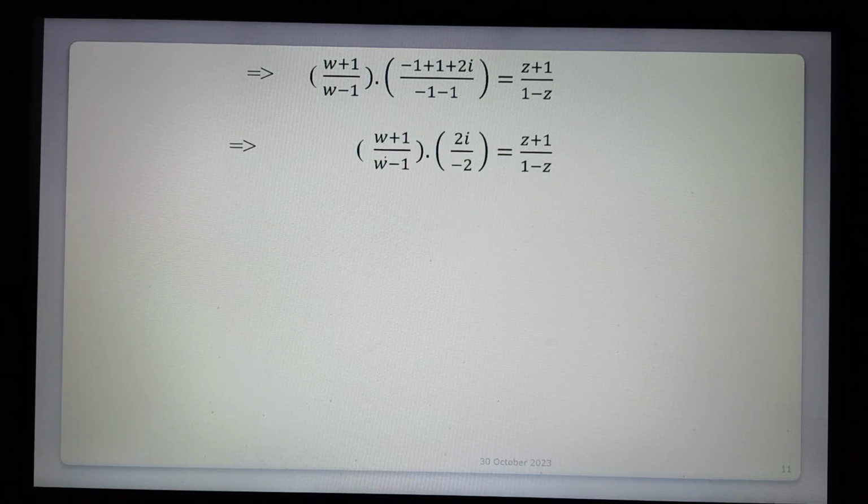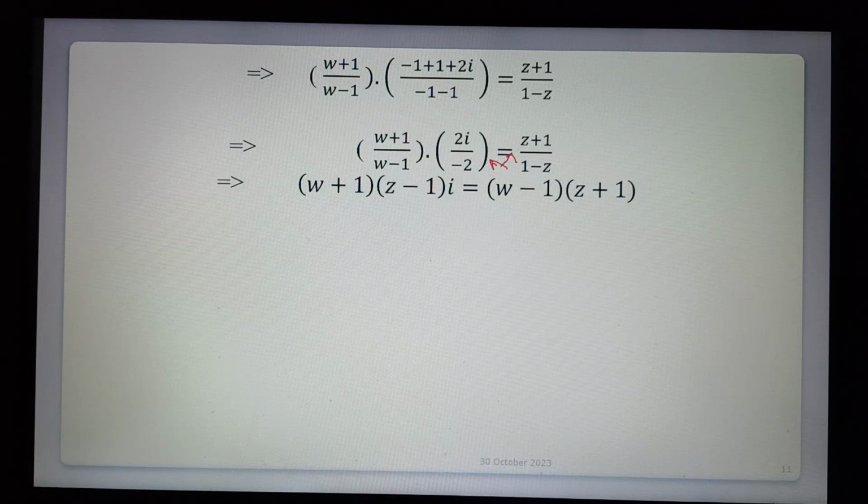So (w + 1)/(w - 1) into 2i/(-2) is equal to (z + 1)/(1 - z). Now cross product: (w + 1) into (1 - z) into i, the 2 cancels, equals (w - 1) into (z + 1).